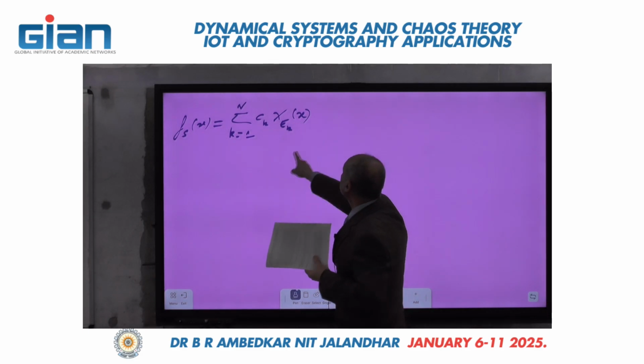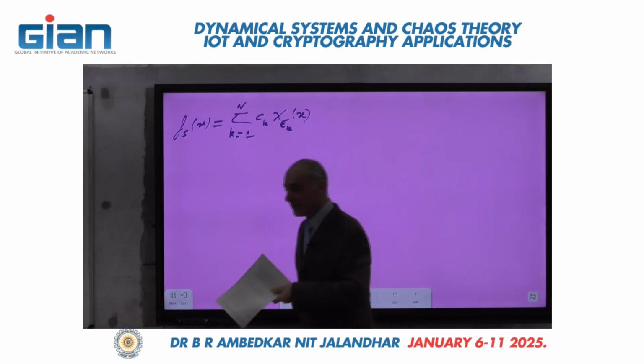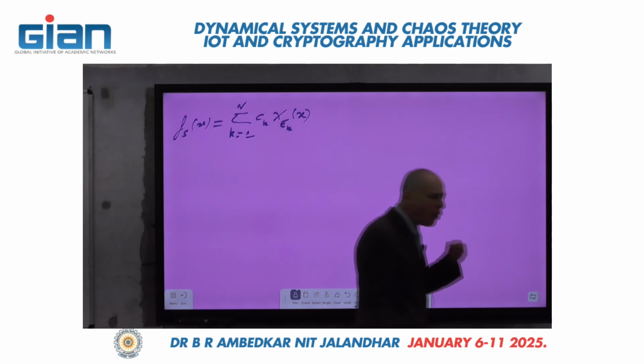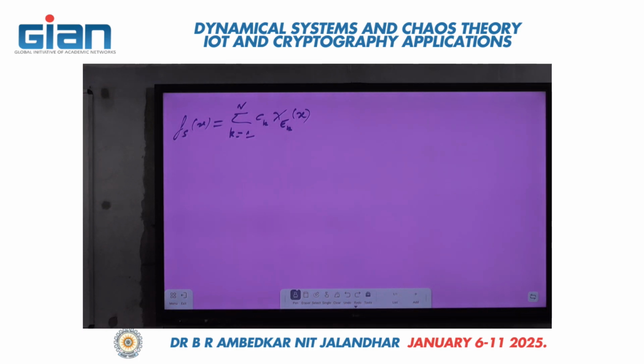So if you take the set of all these ones, they are dense in L1, which means you can approximate every L1 function, which is more than you need. L1 functions are really too many.